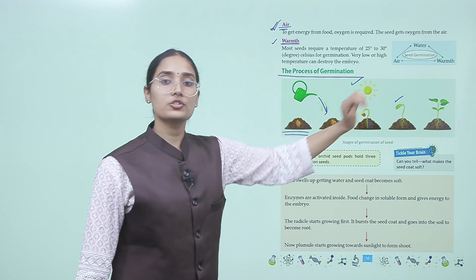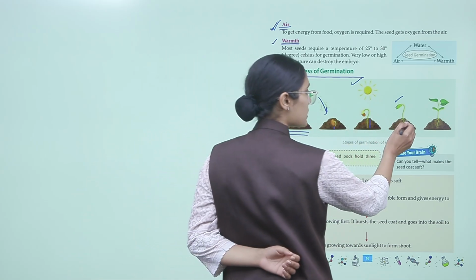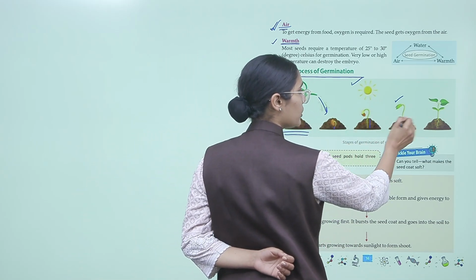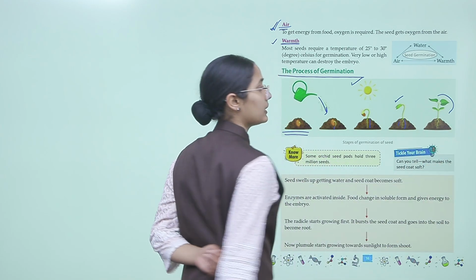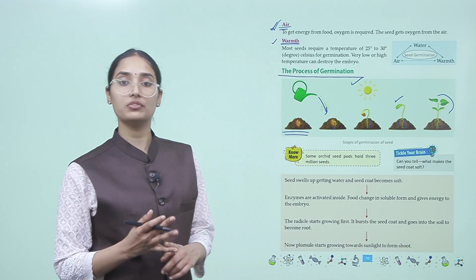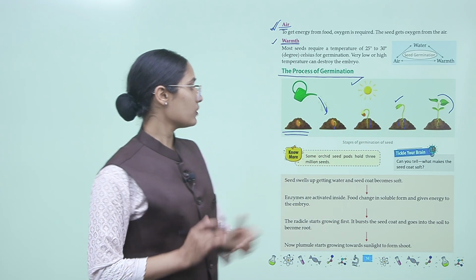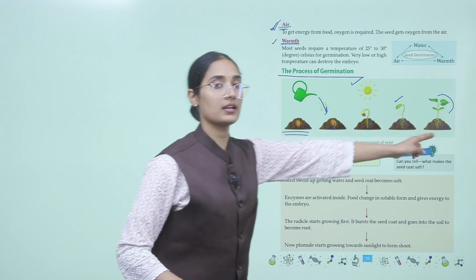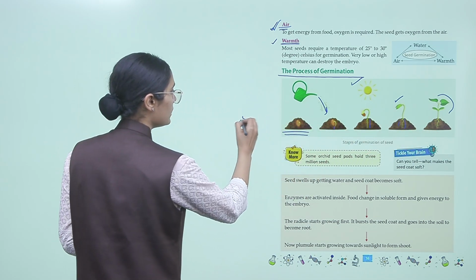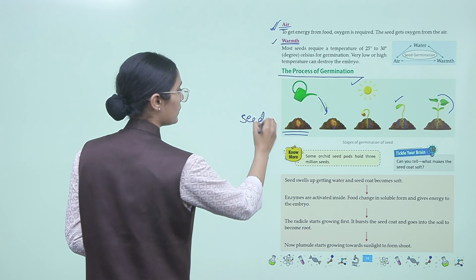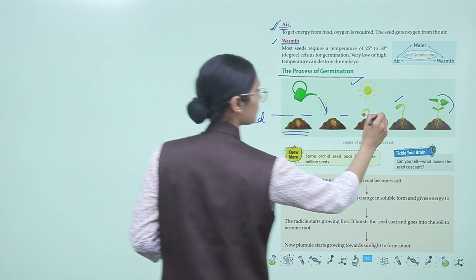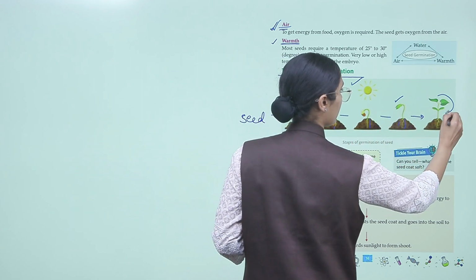From air it got oxygen also, and slowly it started to develop the root and the upper part, that is the shoot, which consists of leaf. So this is the stage of germination of seed until it becomes a plant. So from seed to what? To plant.